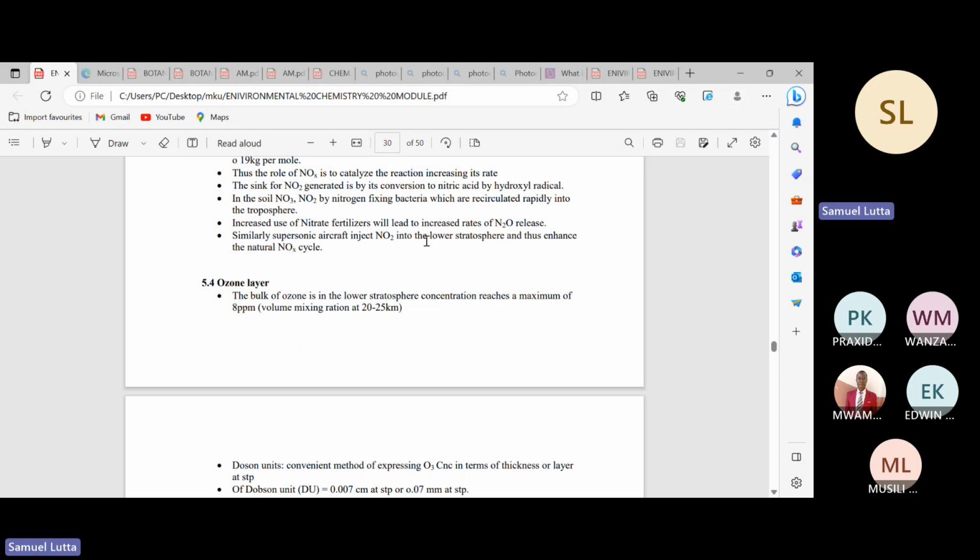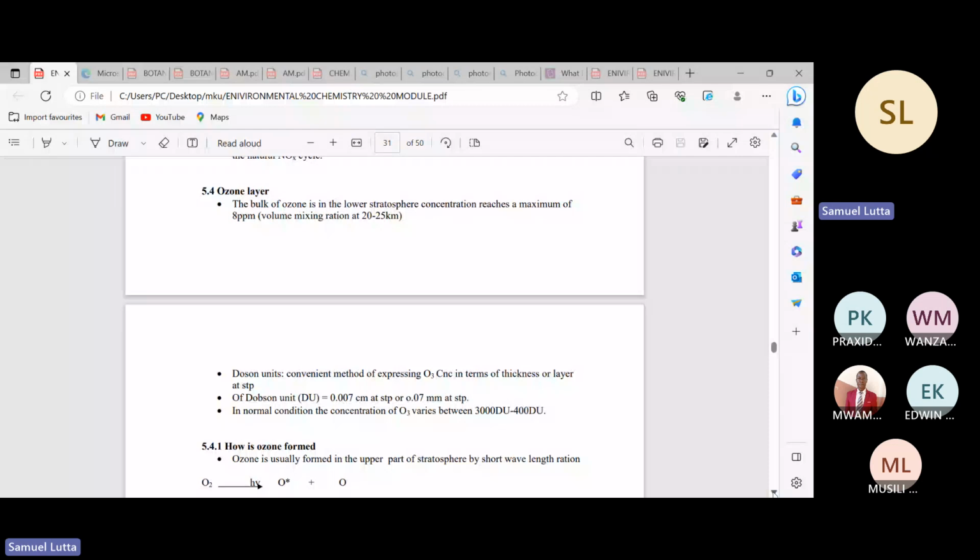So we have talked about the ozone layer. What is it? It's a layer found in the lower stratosphere, and we have said this ozone layer is important in preventing harmful radiation from reaching the Earth's surface. These harmful radiations, when they come into contact with our skin, can cause what we call skin cancer.